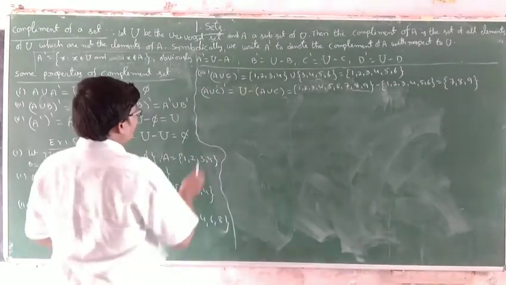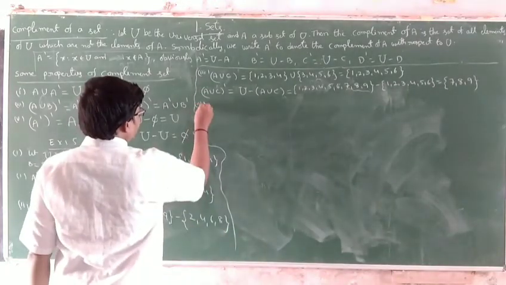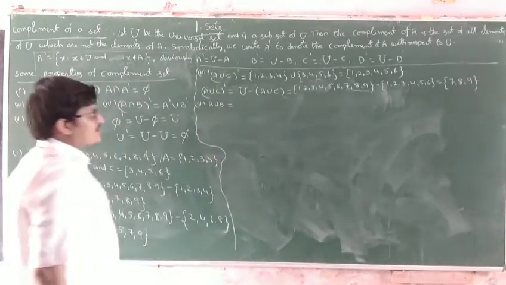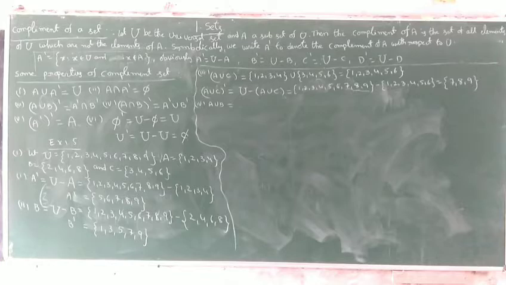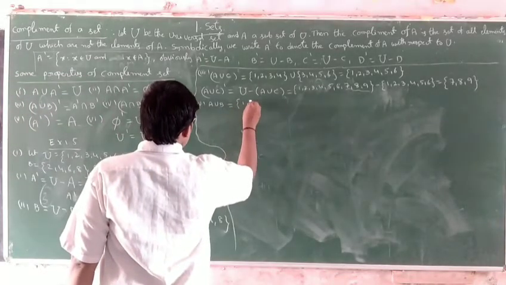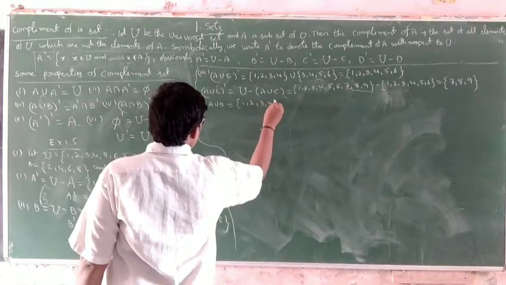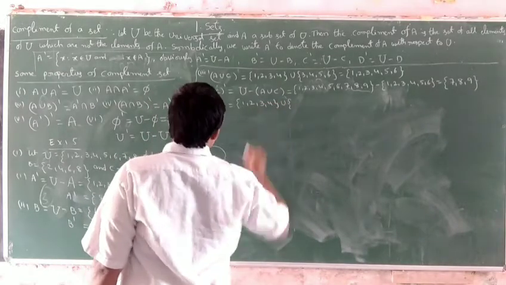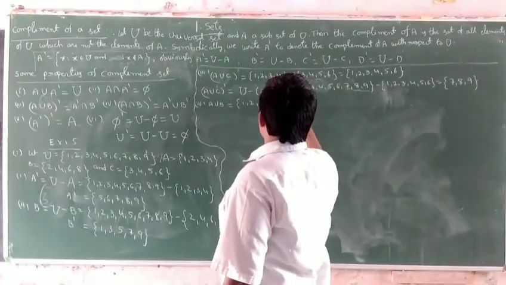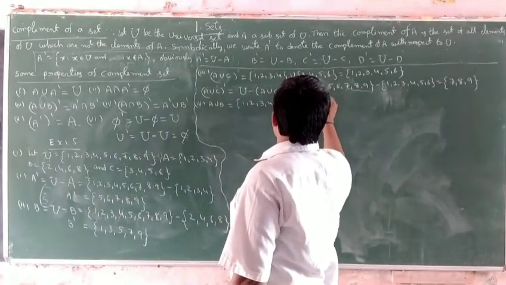So, next one, (A union B) whole complement. First of all, we have to find out A union B. What is A? A is equal to {1, 2, 3, 4}, union B, where B is equal to {2, 4, 6, 8}.